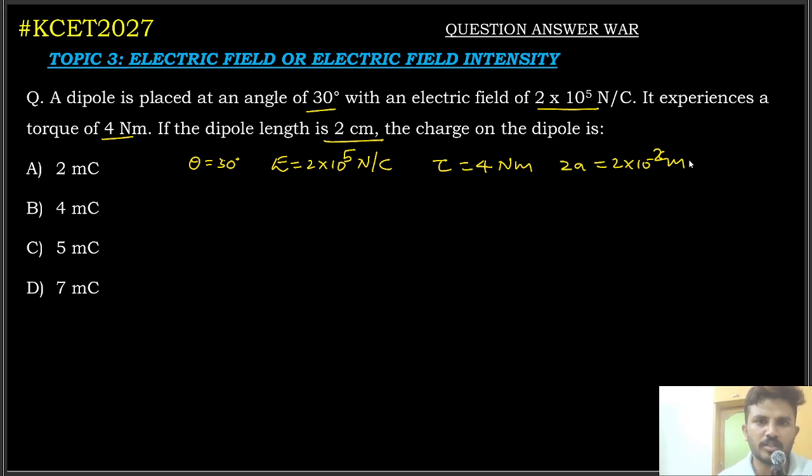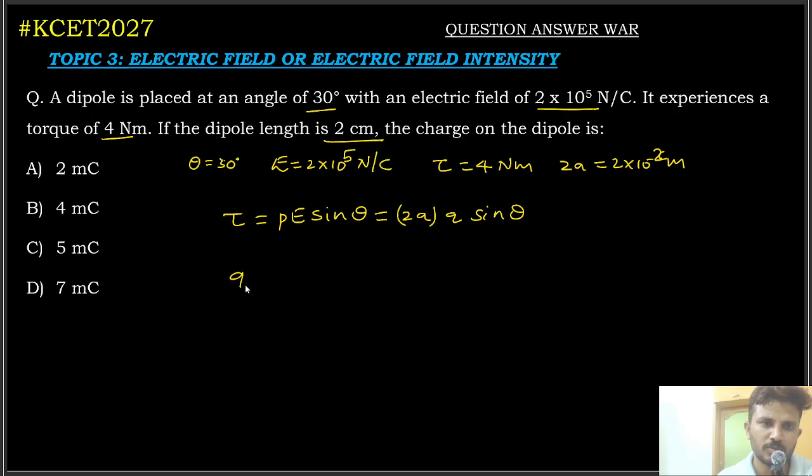The charge on the dipole is, since torque value is given, you can write it as P sin theta, so P is 2aq. 2a value is given, q we need to find, theta is given.